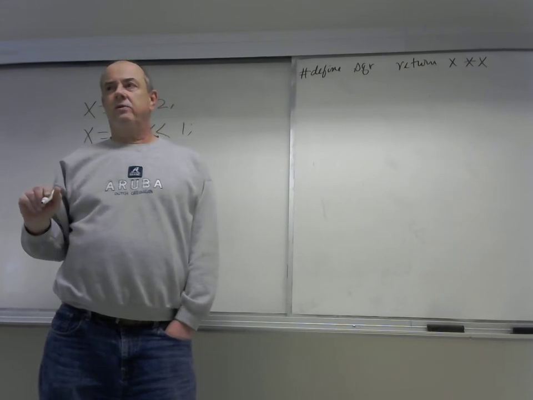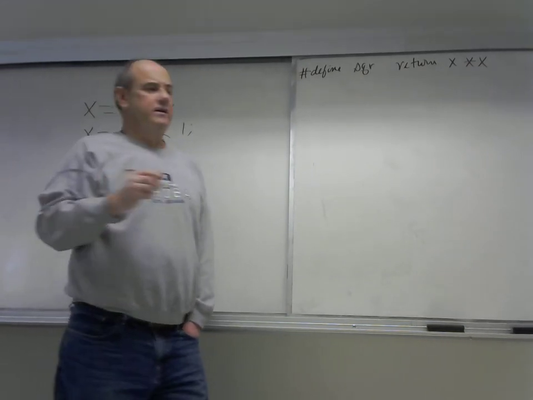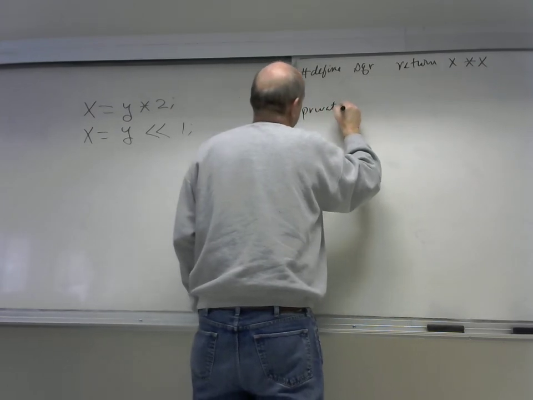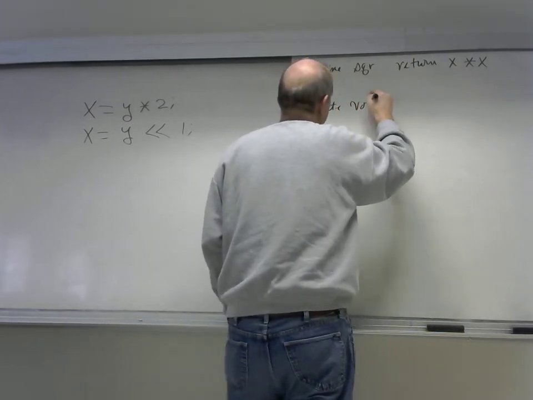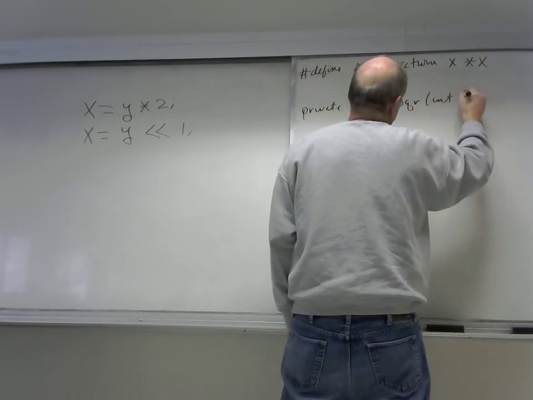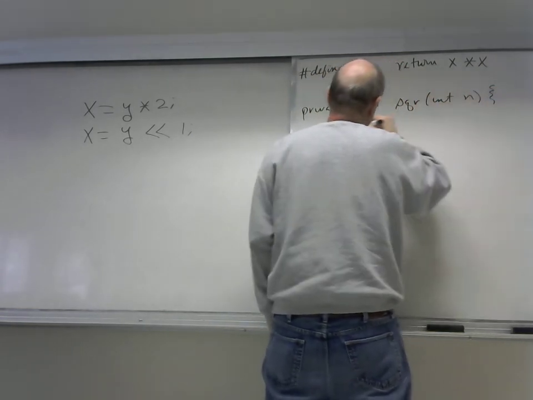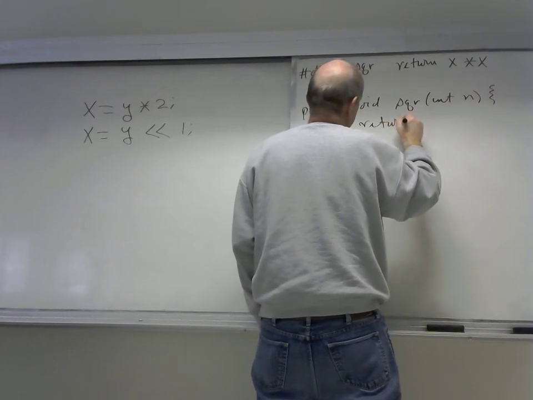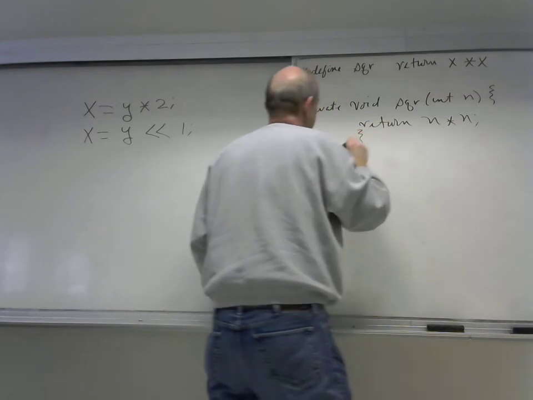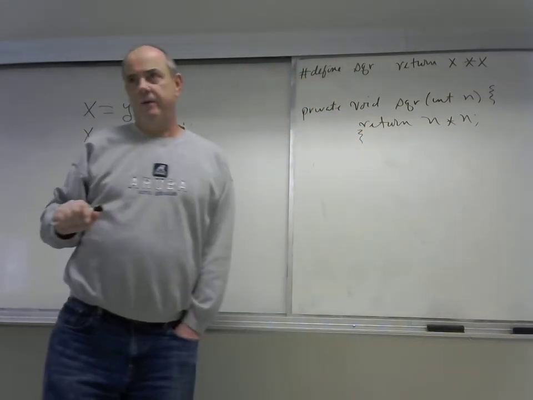But you could also write a function if you wanted to: private void sqr(int n) { return n times n }. So both ways are possible.